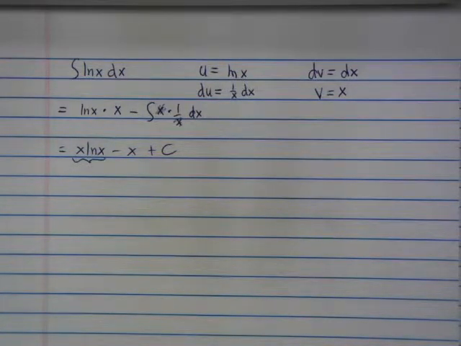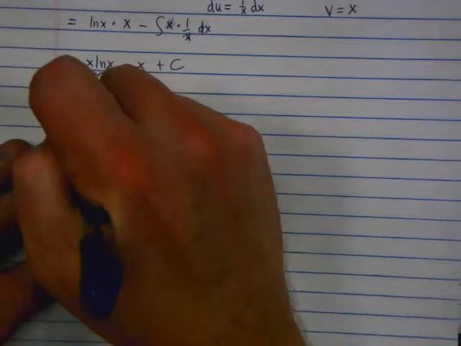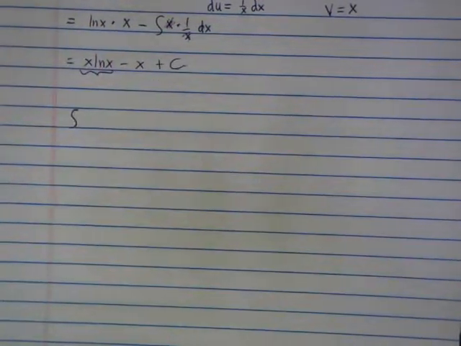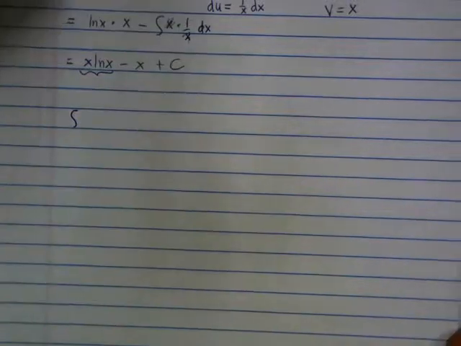Other questions? All right, so you want to do one where we have integration by parts twice, huh? All right, we can do that. What do you think you need? Really crazy equation? No, you don't need a really crazy equation.